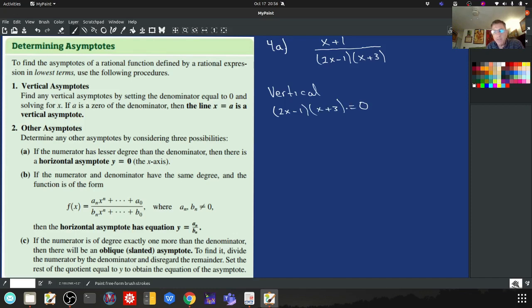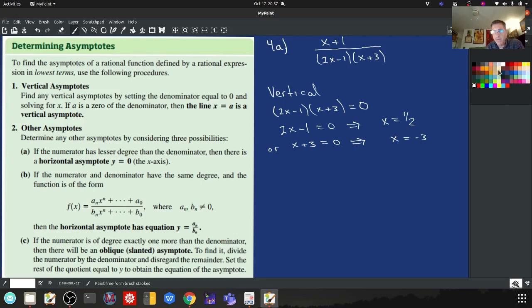Then we use the zero product theorem. That implies 2x minus 1 is equal to 0, or x plus 3 is equal to 0. Well, the first equation implies x is equal to 1/2. You should be able to solve these in your head at this point. The second implies x is equal to minus 3.